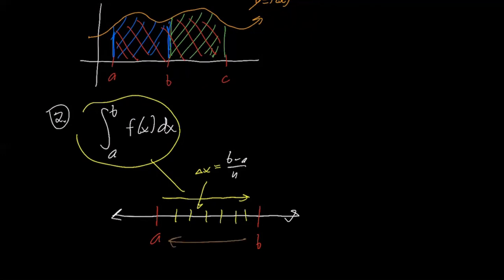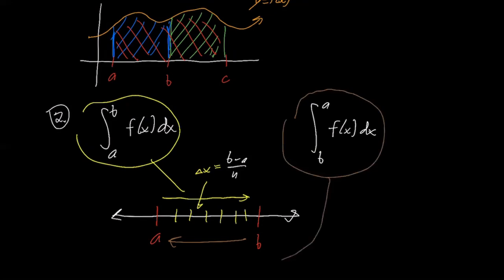right? Well, if we think about the Riemann sum idea, that's the integral from b to a of f of x dx. And the only difference is the delta x. All the f of x's are the same. If we think about the Riemann sum, all the heights are the same for the points we choose.